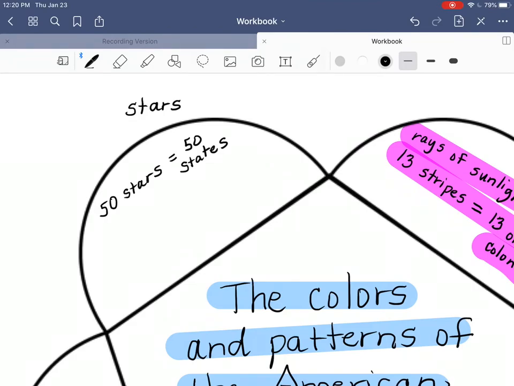Why not a box or a circle? The stars remind us of the heavens, because when you think of stars, you think of the sky, and that reminds me of lofty goals. Americans have high goals, high aspirations to do great things. So the stars remind us that we aim for the sky. We can do anything in this great country.